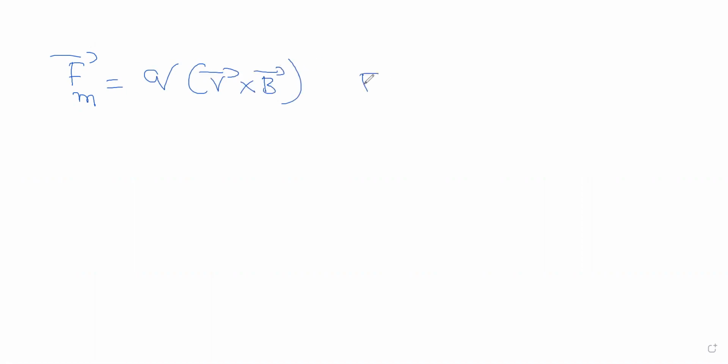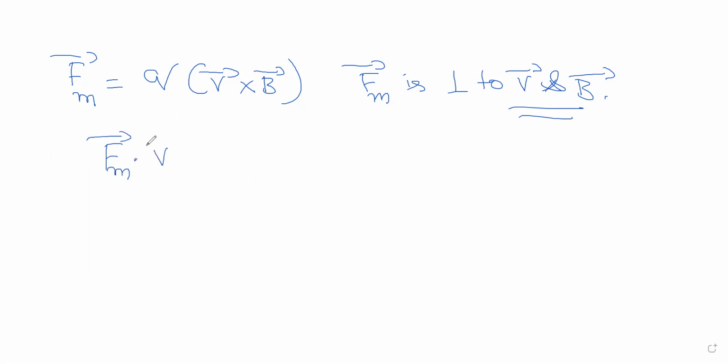And Fm bar is perpendicular to V bar and B bar. So I also told you that Fm bar dot B bar, the dot product, will go to 0.